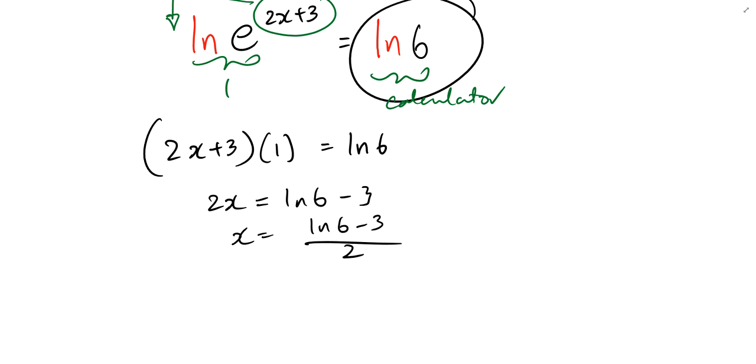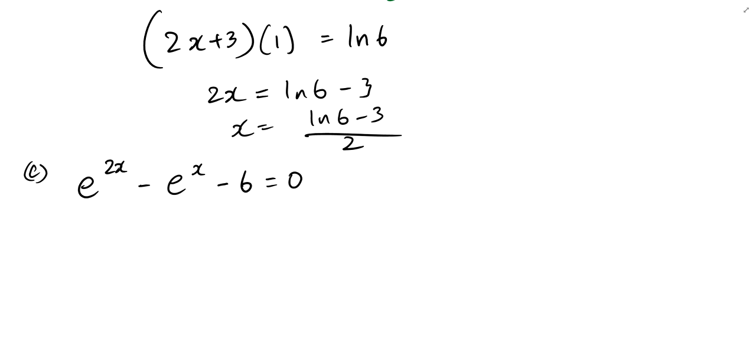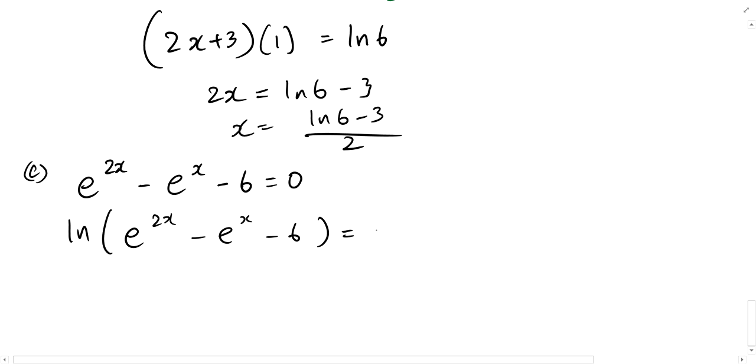Okay, then I shall show you part C. e to the power of 2x minus e to the power of x minus 6 equals to 0. Okay, now how? Introduce ln on both sides, so like this, ln of e^2x minus e^x minus 6 equals to ln 0.